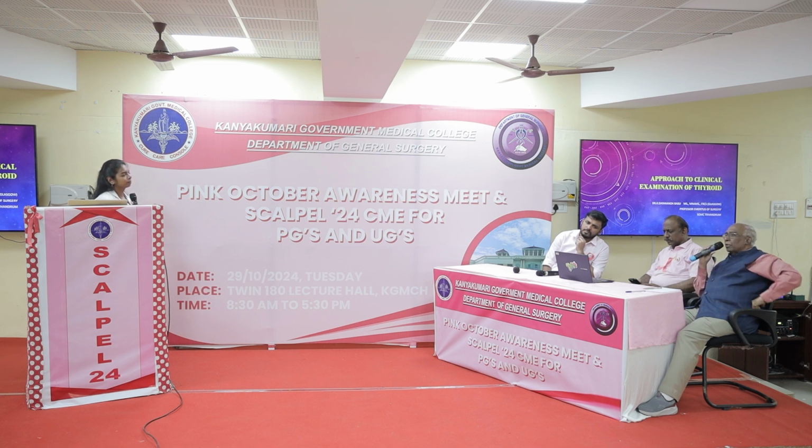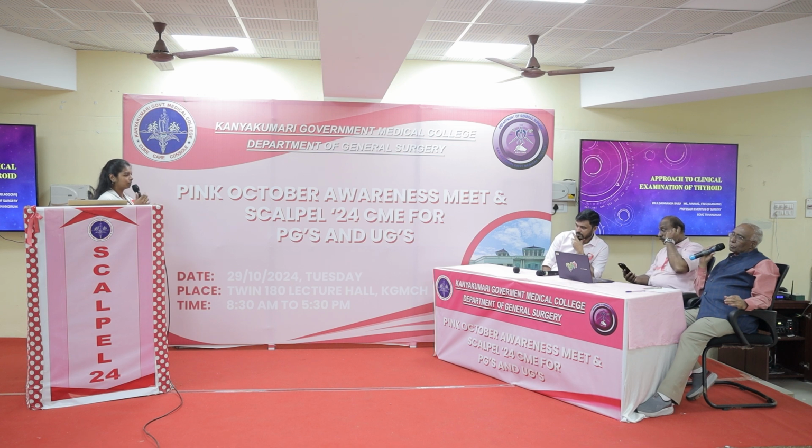One malignancy which you can diagnose in FNAC. Mention. Papillary carcinoma. And what are the cytological features of papillary carcinoma? Significant features are Orphan Annie nuclei, which are pure empty nuclei. Next are psammoma bodies. What are psammoma bodies?